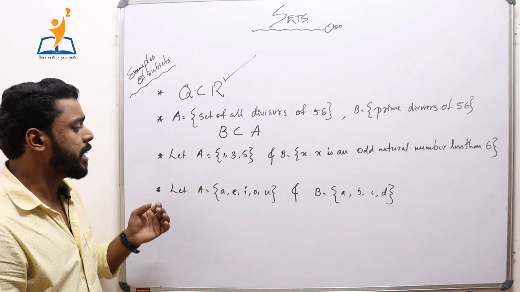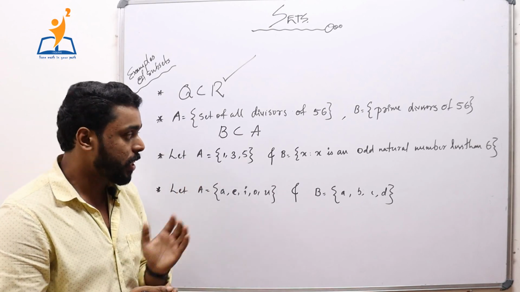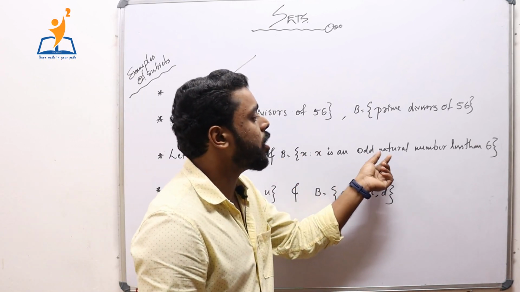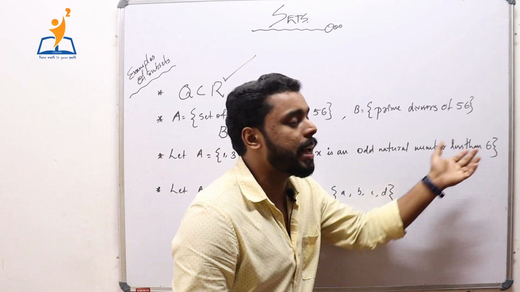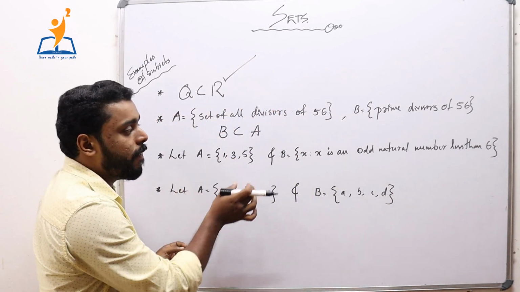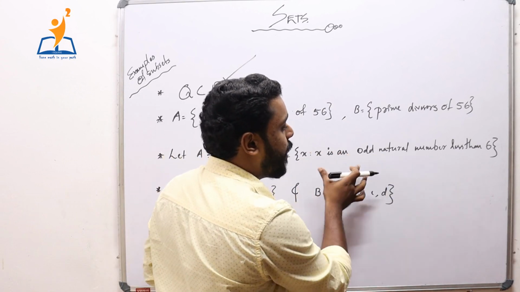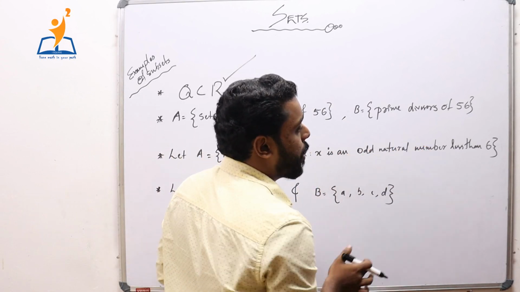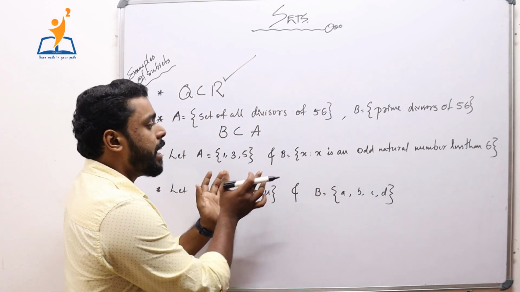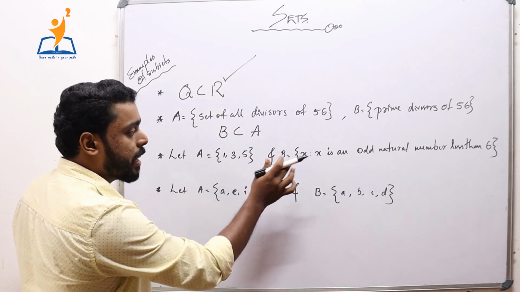And coming on to the third example, let A equal the set {1, 3, 5}, and B equal the set of all x such that x is an odd natural number less than 6. See, A is nothing but {1, 3, 5} and B is in set builder form: x such that, what is the property of x? x is an odd natural number less than 6, which are 1, 3, 5, isn't it? So we can say that every member in this set is also in this set, right?